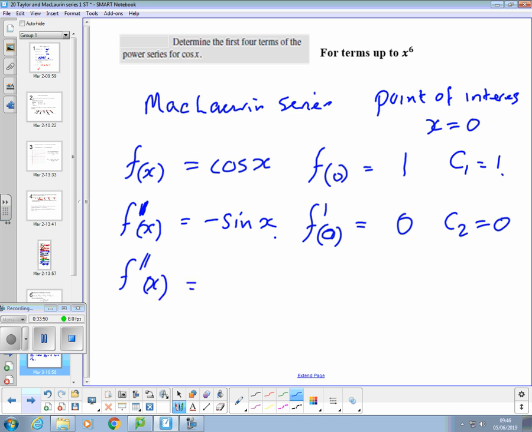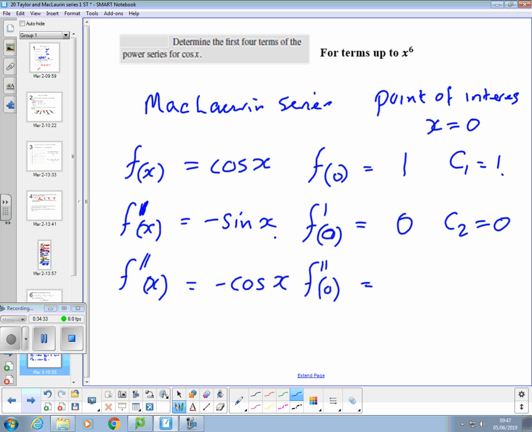f double dash: if we differentiate minus sine of x, what do we get? With most of these, you'll eventually see a pattern, and you don't need to do any more. So that becomes minus cos of x, and therefore f double dash, because it's minus, you'd treat that as having a constant there of minus 1.